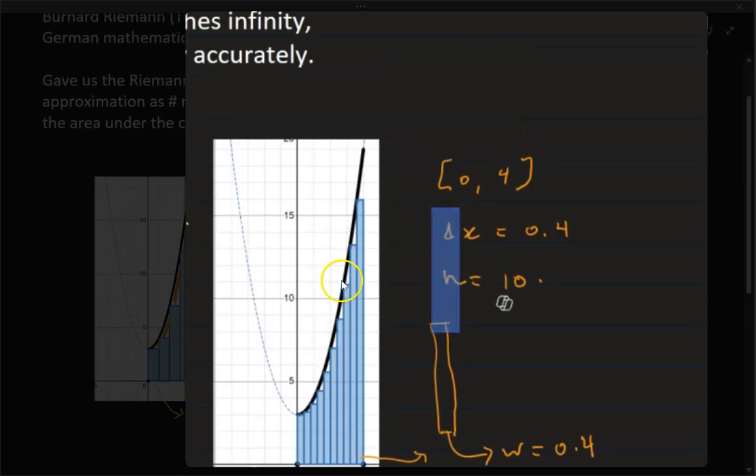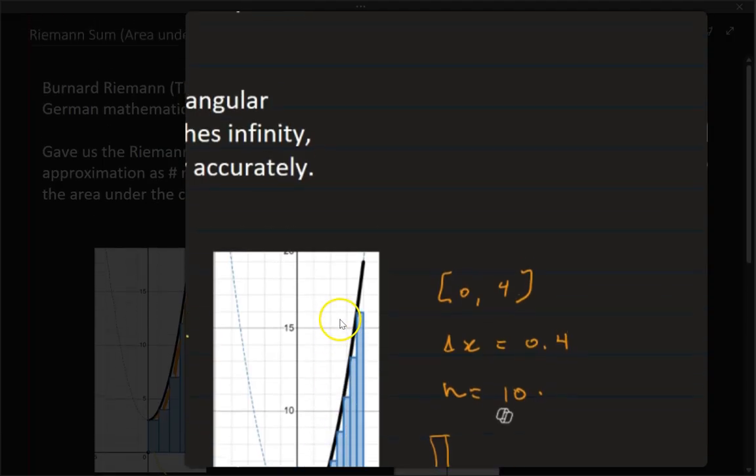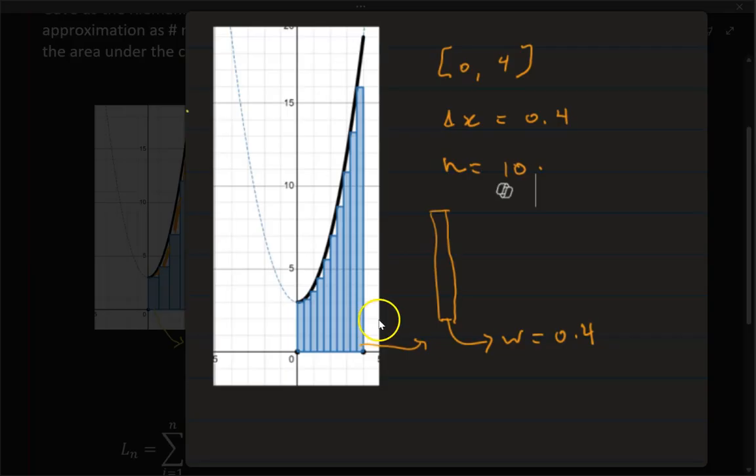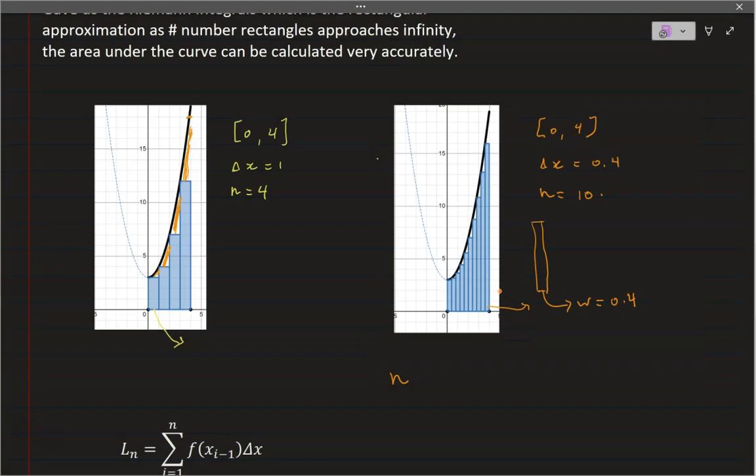That's what the Riemann sum is basically telling us: if the number of rectangles approaches infinity, so instead of having 10, we can have, let's say, 1,000 rectangles created under the specific curve within the given interval, that means delta x, the width of each rectangle, approaches 0.